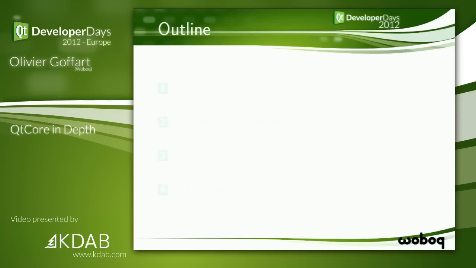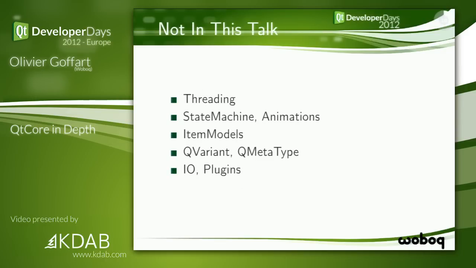In this presentation, I selected a few parts of QtCore. I'll talk about the event loop, private implementation, the containers, and a bit of how signals and slots are implemented. There are so many things in QtCore that it's not possible to fit everything in a talk. I talked about threading last year at Dev Days.